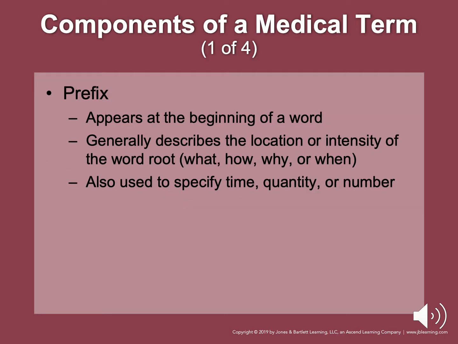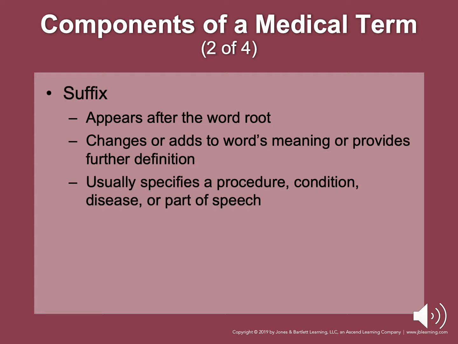Components of medical terminology: the prefix appears at the beginning of the word, generally describes the location or intensity of the word root, and is also used to specify time, quantity, and or number. The suffix appears after the word root, changes or adds to the word's meaning or provides further definition, usually specifying a procedure, condition, disease, or part of speech.